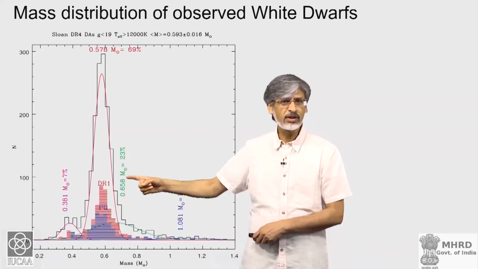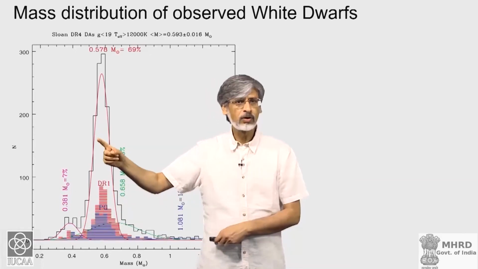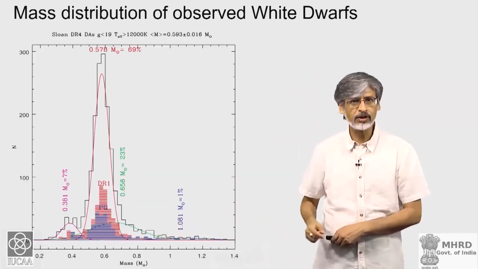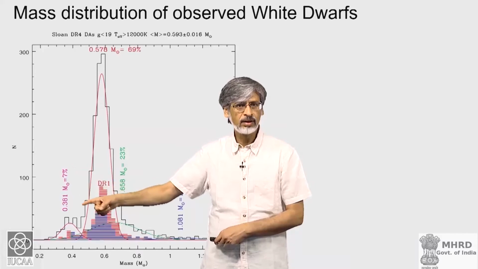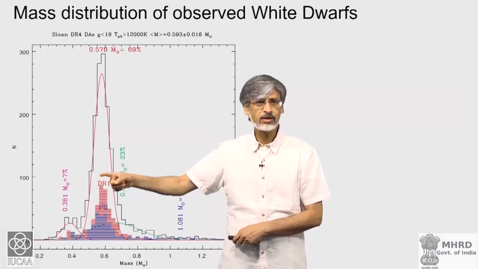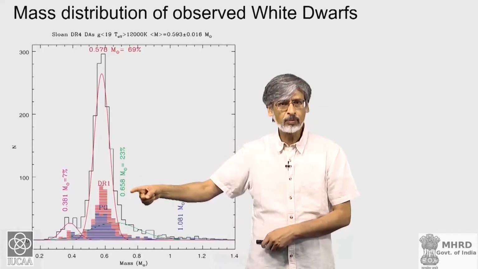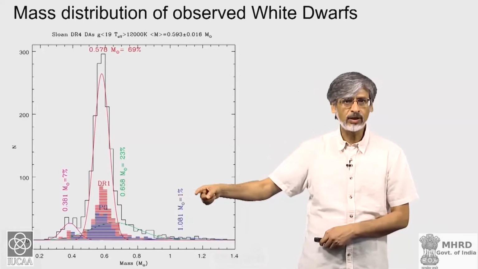And this distribution has been modeled using 4 component distributions, Gaussian-like component distributions, with one near 0.3 solar mass, one near 0.6 solar mass, one a little above 0.6 solar mass, and one near 1 solar mass.